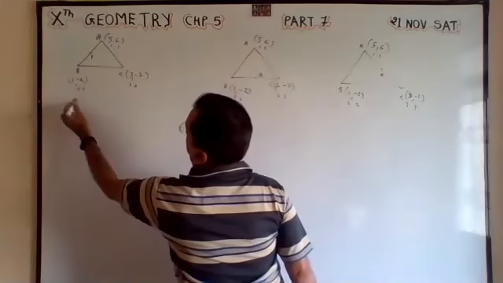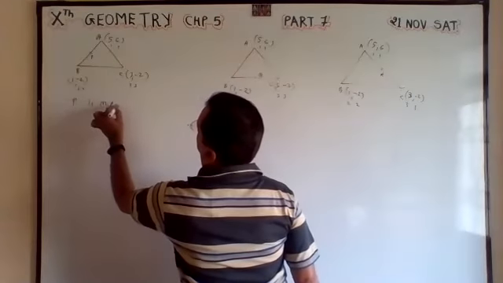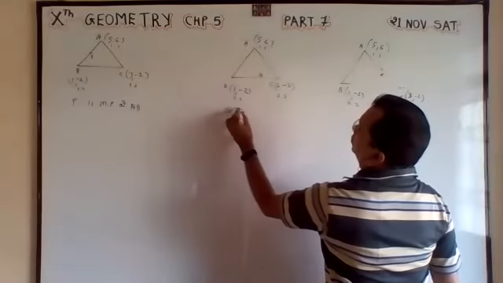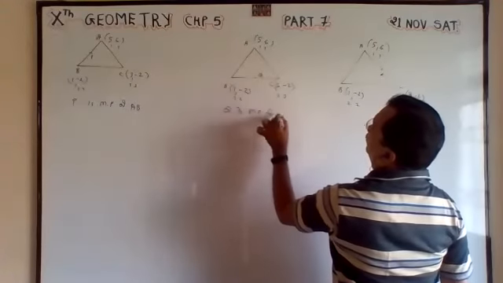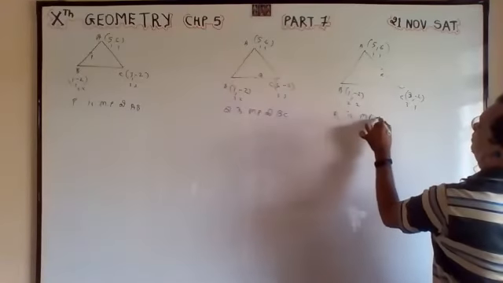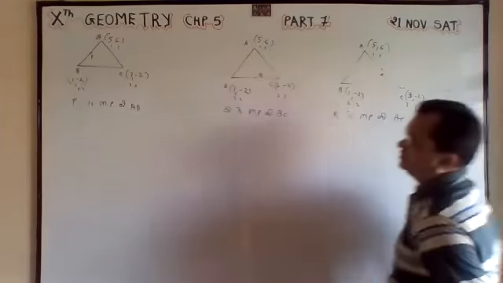Now P is midpoint of AB. Q is midpoint of BC. R is midpoint of AC.